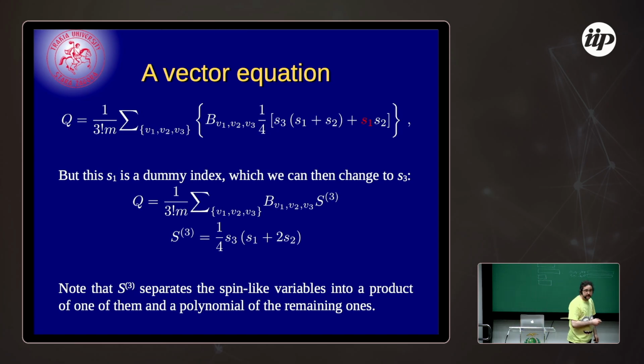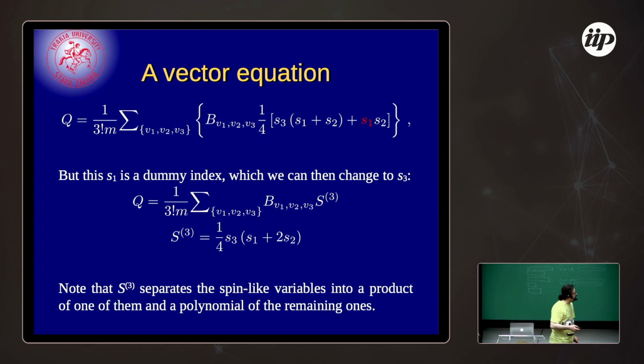However, this is the same, I just rewrote it over there. However, this S1 over here, because we are summing over all the elements, is a dummy index, so you can call it whatever you want. Since we already have an S3 over there, I'm going to call this S1 S3. So I'm replacing one S1 with S3. If I replace S1 with S3, I can rewrite this expression as 1 over 3 factorial m times the sum of B and big S of 3, where big S of 3 is just a quarter times S3 that multiplies S1 plus twice S2.